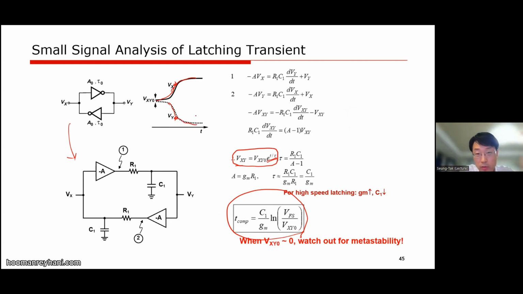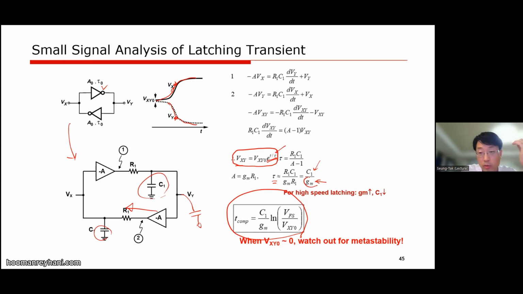So what we need to check here is that the time constant is determined by C1 over GM. So for fast settling, we need small capacitance and large GM. This is quite understandable, right? If we have a large cap here, then when we drive the cap with the finite current of the GM cell, the inverter can be thought of as a GM cell, then it takes a longer time.